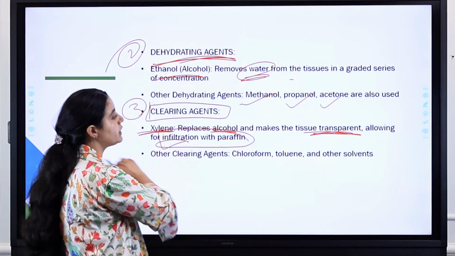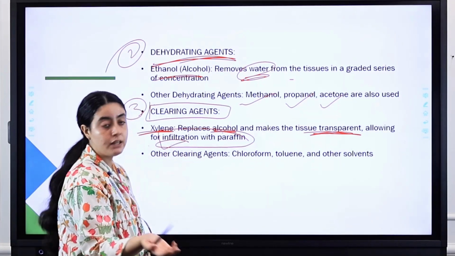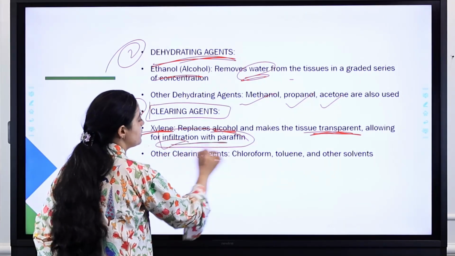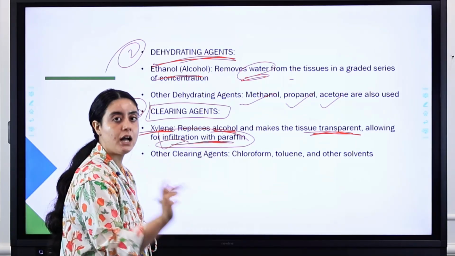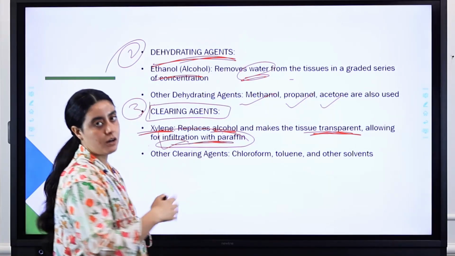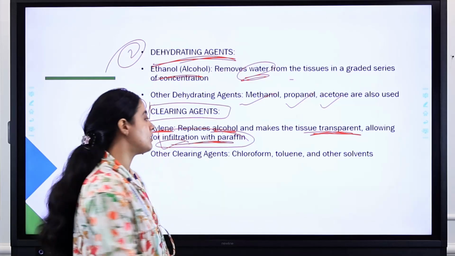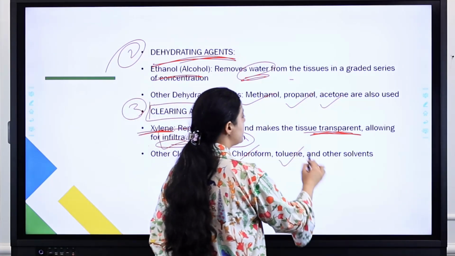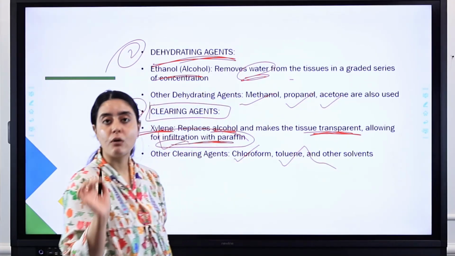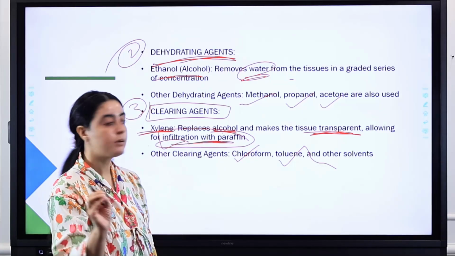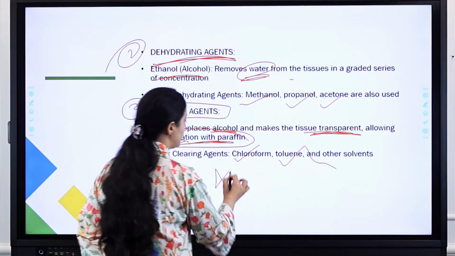So it makes the tissue transparent, allowing infiltration with paraffin, and it replaces the alcohol. We have other clearing agents also, like chloroform, toluene, and other solvents, but the most commonly used clearing agent is xylene.